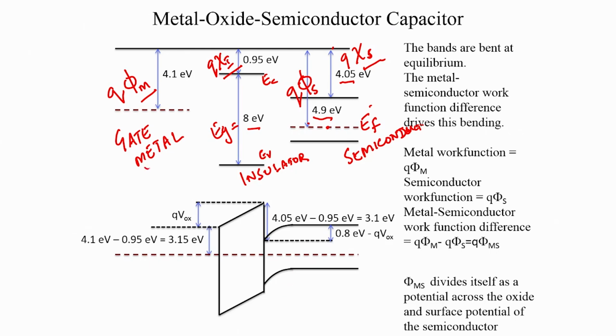We have brought these 3 pieces together and we have now created a junction, and that junction is shown in this figure here. So, what happens? So, here you have the metal. Firstly, the Fermi levels have aligned. The metal Fermi level is at the same position as the semiconductor Fermi level. Okay.